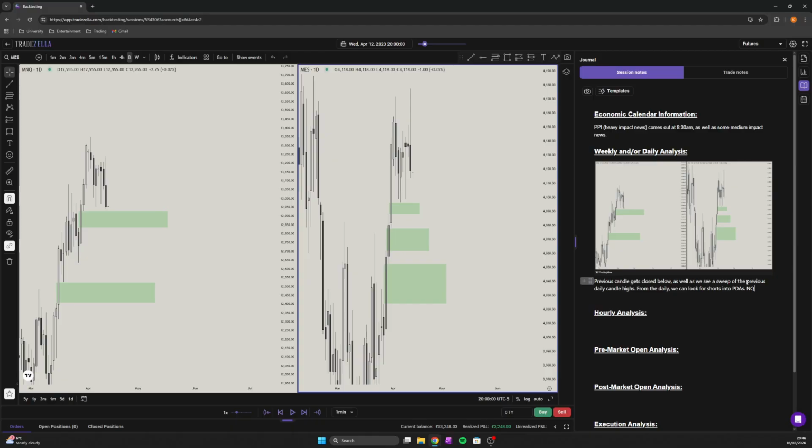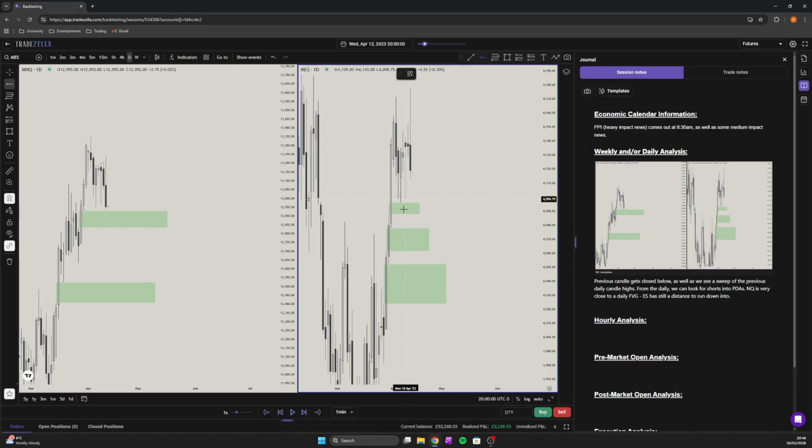NQ is very close to a daily body gap. Let me say ES still has a distance to run down into. We also have these lows, so let me mark them out, that ES could actually target, seeing as NQ already took them out.